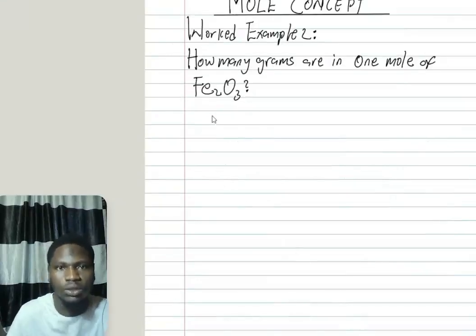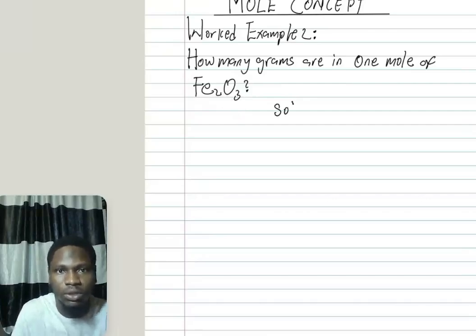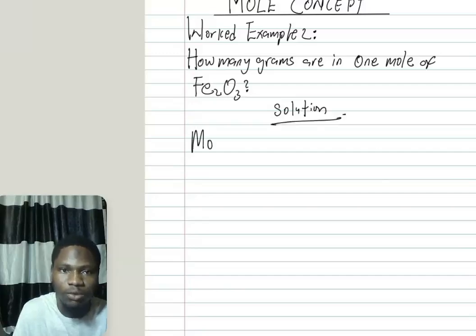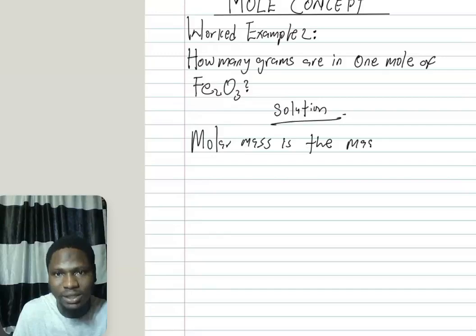Okay, we have this question. How many grams are in 1 mole of iron trioxide, Fe2O3? If you can remember very well, we said the concept of molar mass is that molar mass is the mass of 1 mole of a substance.